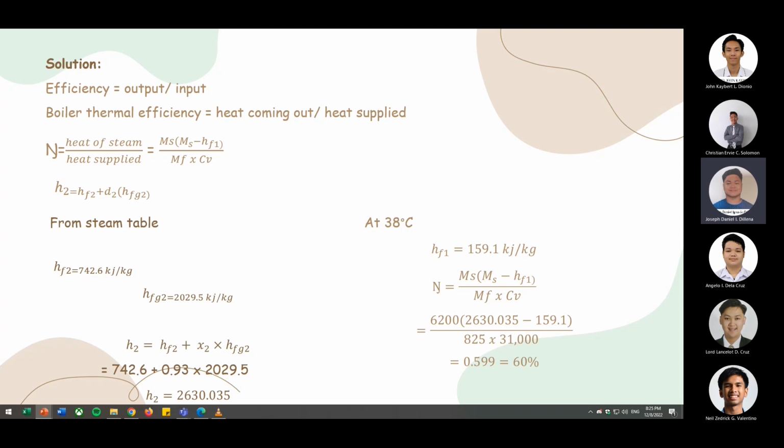So when we substitute the value, we will have 742.6 plus 0.39 times 2029.5, and when we calculate it, it will be equal to 2630.035. Now at 38 degrees Celsius, HF1 is equal to 151.1 kilojoules per kilogram.